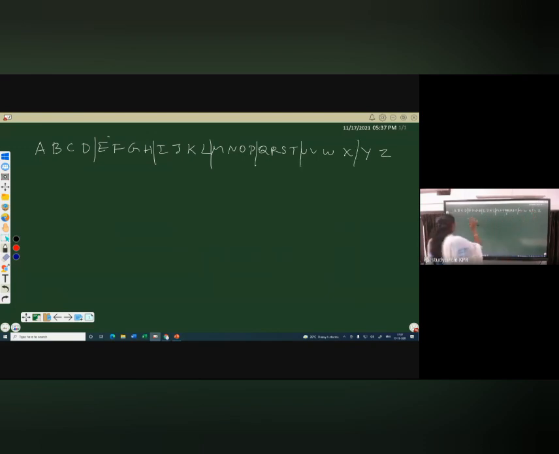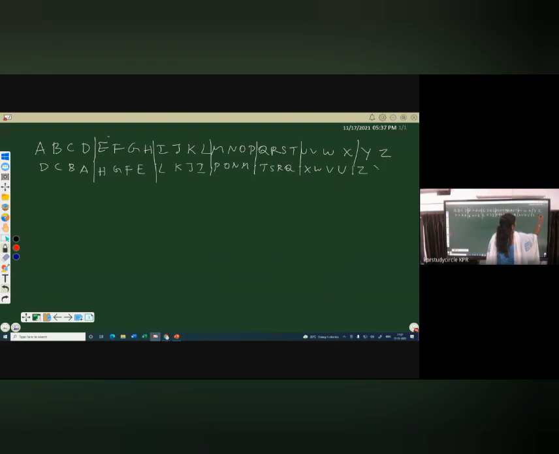The first 4 letters in opposite order are D, C, B, A. Again here, H, G, F, E. Again L, K, J, I. And here it is P, O, N, M. And here it is T, S, R, Q. And here it is X, W, V, U. And here it is Z and Y.